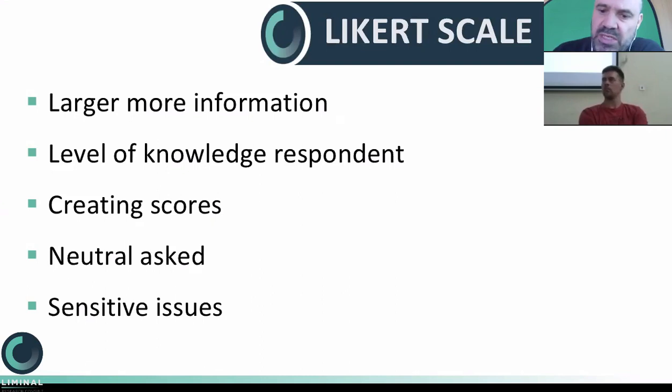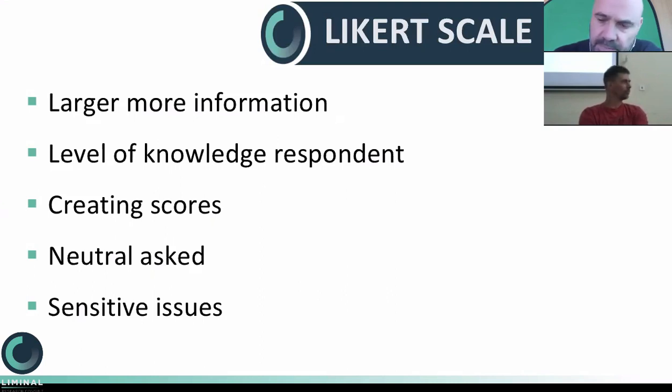If it's a 7-point scale, maybe people will not know the answer between slightly agree and agree. Then the neutral and the don't know. Please don't put a don't know in your Likert scale items, because the don't know cannot be part of the analysis, so all of that will be thrown out anyway.